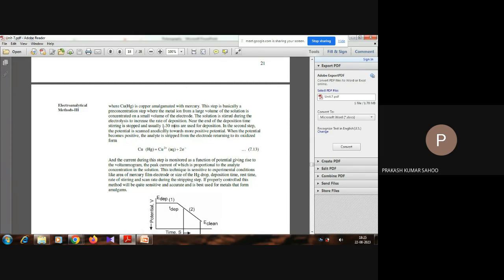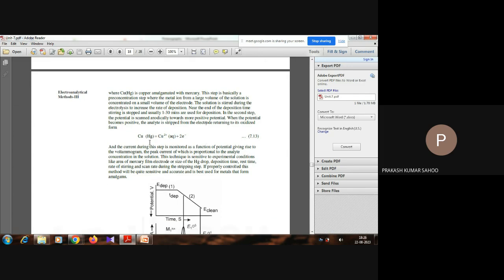After 1 to 30 minutes of deposition, we have the second step, that is the stripping step. In the stripping step, the copper which was deposited on the mercury electrode gets detached or removed from the mercury, and it goes back to the solution state, that is copper in aqueous medium.